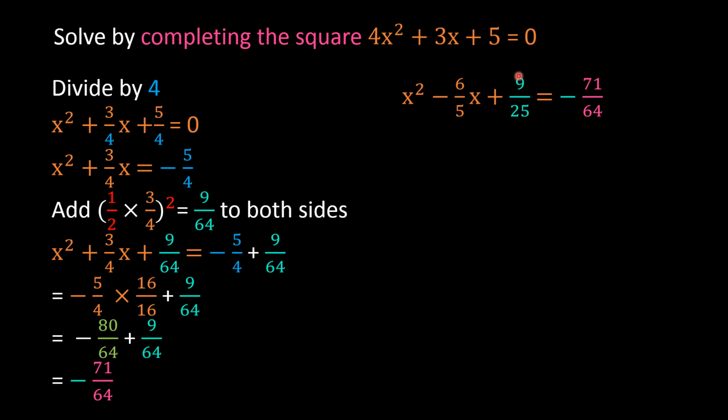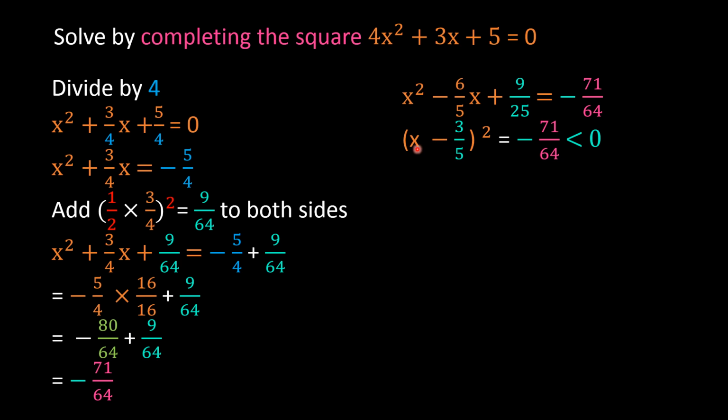Now this is a perfect squared quadratic polynomial because the first term is a perfect square, the third term is also a perfect square. So we will write it as x minus 3 divided by 5 whole squared, where this x is square root of x squared, 3 divided by 5 is the square root of 9 divided by 25, and we will put this minus sign here.